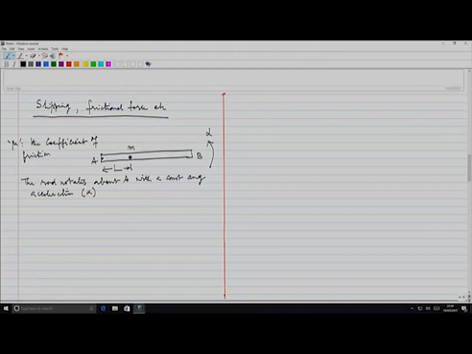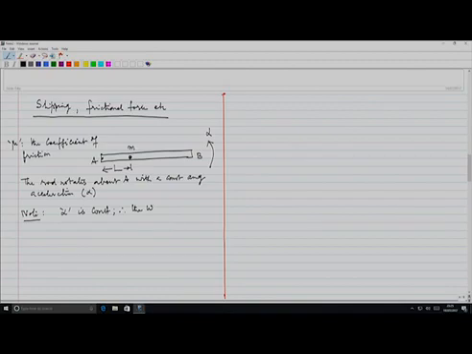Now, first thing we should note, alpha is given to be a constant. Therefore, the angular velocity is not constant.